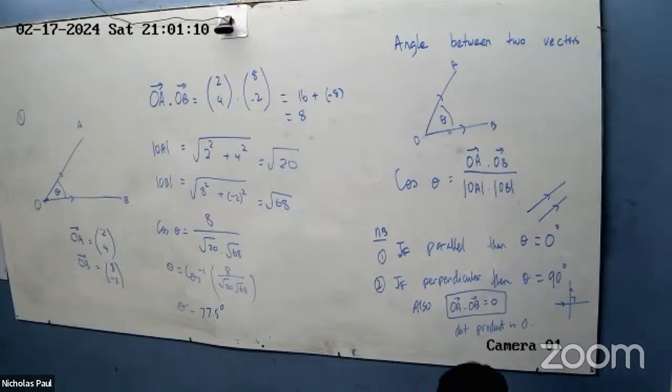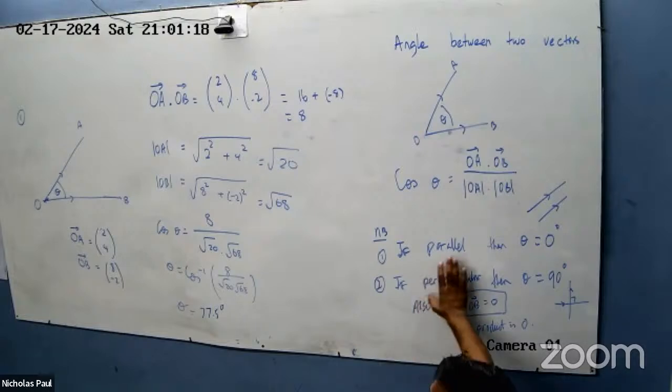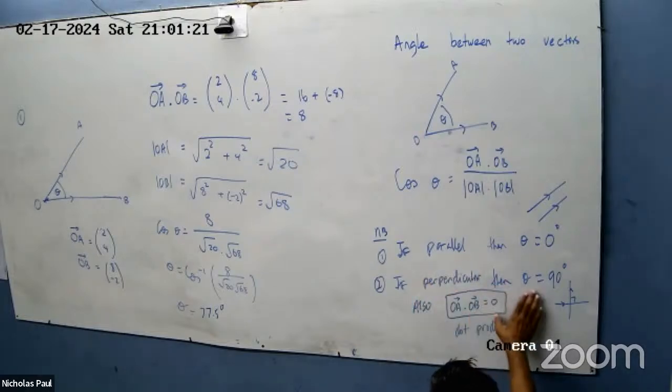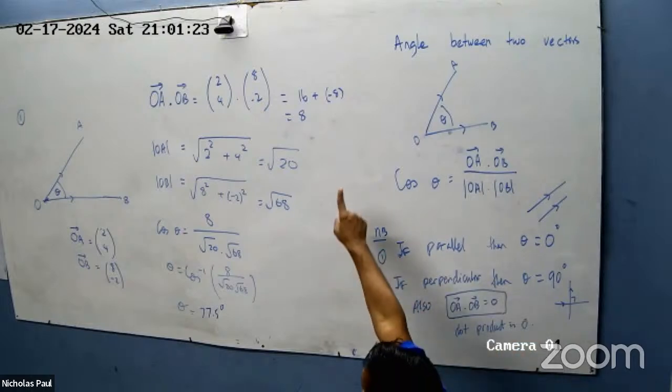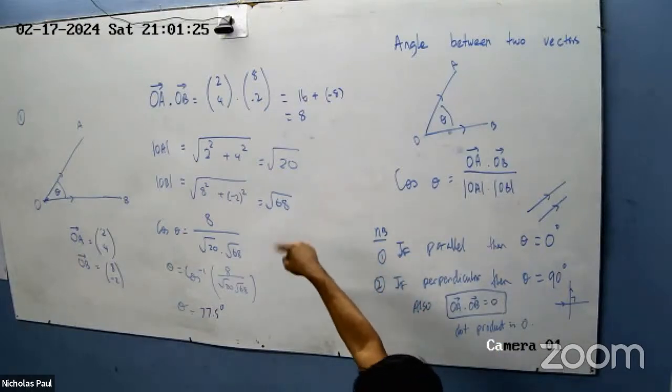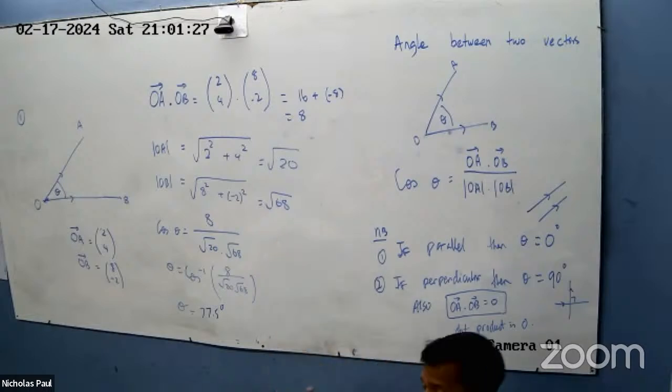All right, we're going to attempt to do one now. You need to remember this as well: if vectors are perpendicular, when you work out this dot product, instead of getting 8 you would have got 0. This is the most popular one.